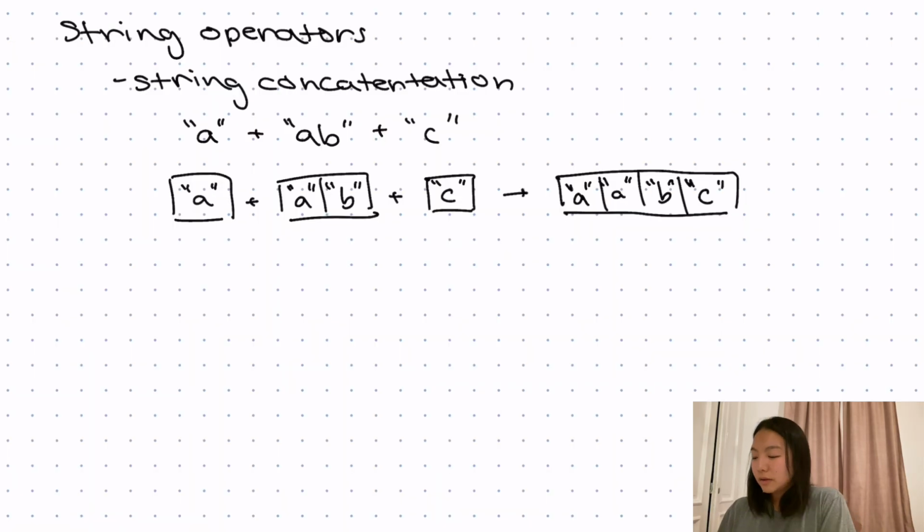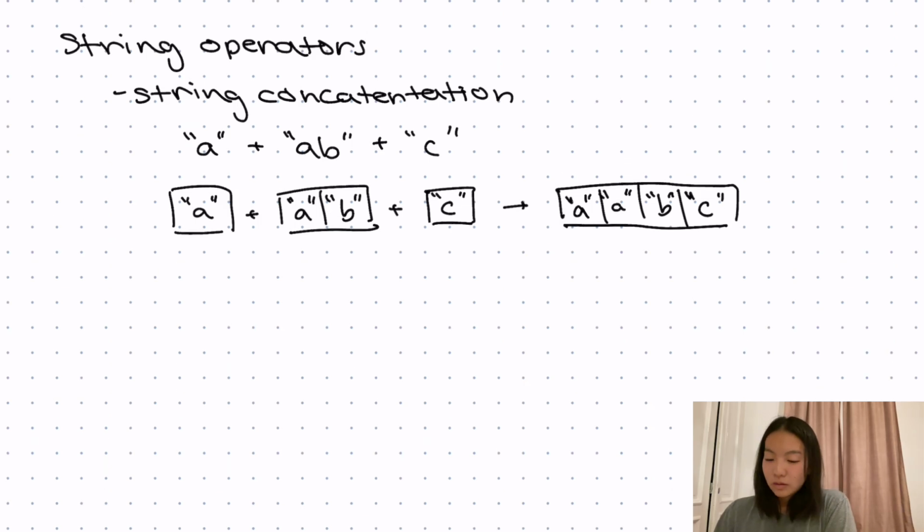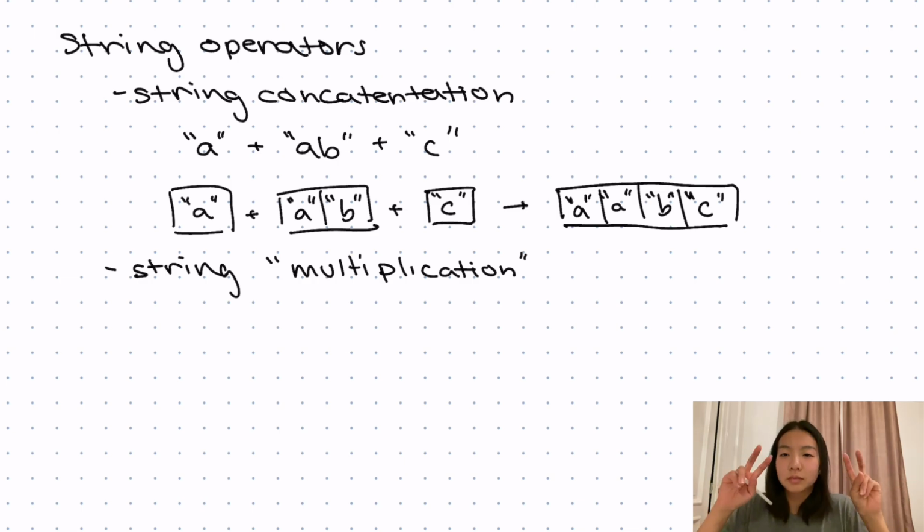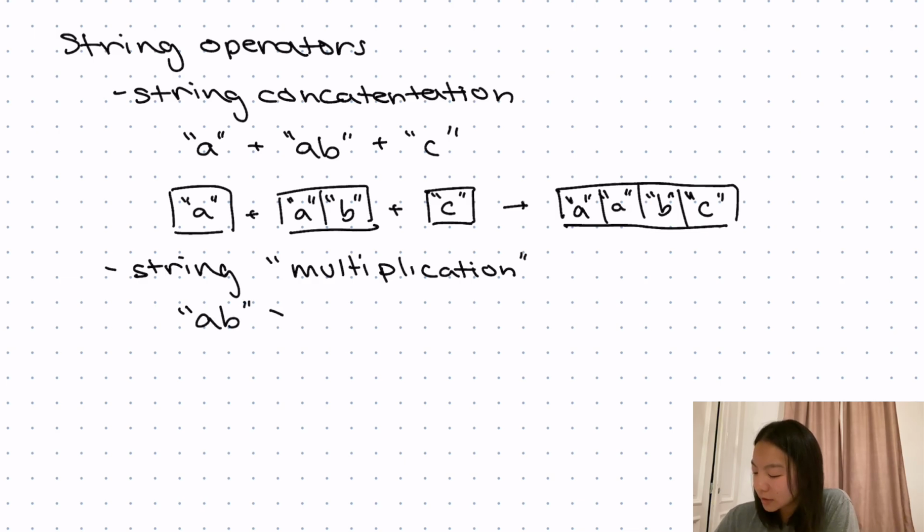Okay, now similarly, we can actually do string multiplication by a number. And not just any number, it has to be an integer. So string, and then I'll put the multiplication marks in quotations. That doesn't mean it's a string here, it's just multiplication. So if I have AB, I can actually say, okay, let's multiply that by 3.